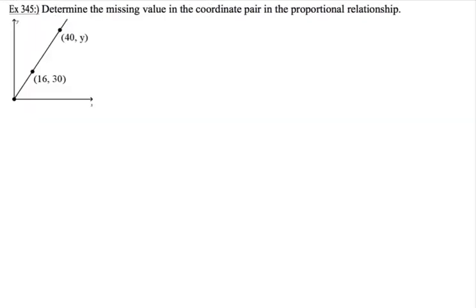Okay, next example. Determine the missing value of the coordinate pair in the proportional relationship. On this, we're going to use the fact that it's proportional to figure this out. We can take 30 compared to 16, and that is 1.875. And this is like 1.875 y per x.